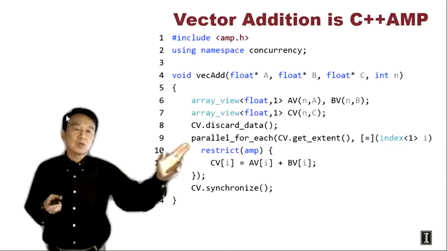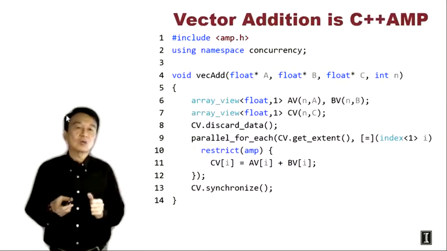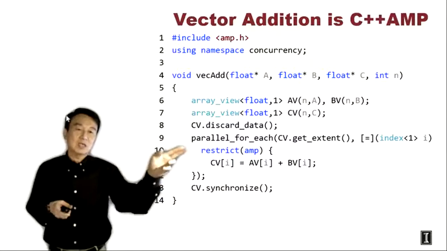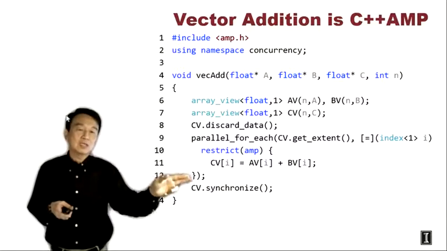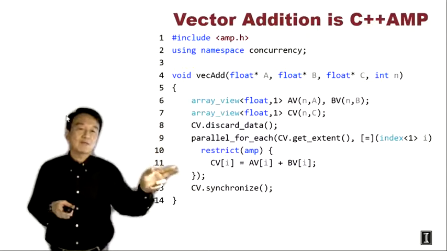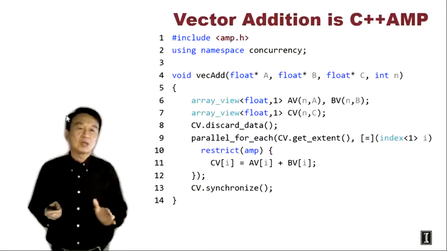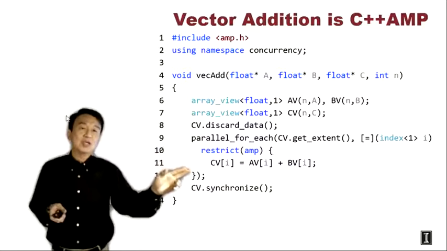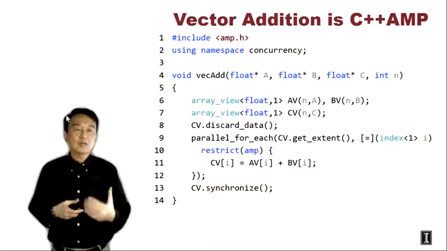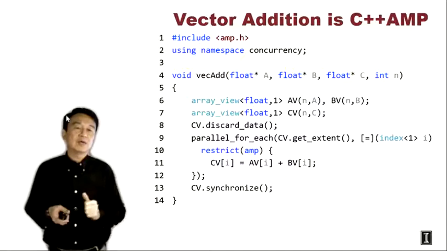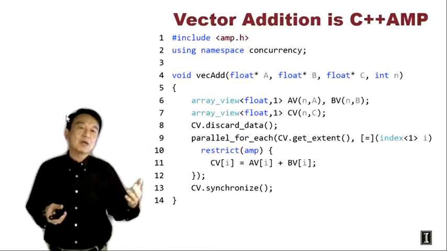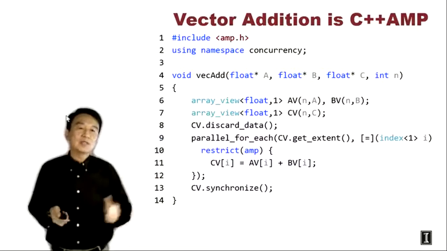This corresponds to the kernel function declaration in CUDA. This function can be declared in place. That is, it replaces the loop in the original vector add function, but we don't need to declare a separate kernel function. We use the C++ lambda expression here so that the compiler will generate the kernel automatically for us. And then we do a synchronization to make sure that the kernel execution completes before the function returns with the c value.